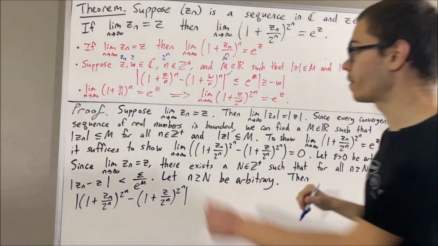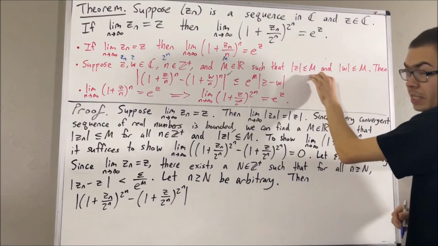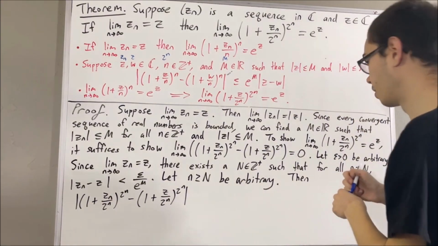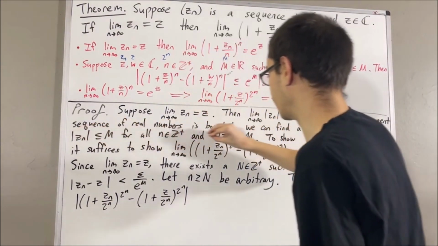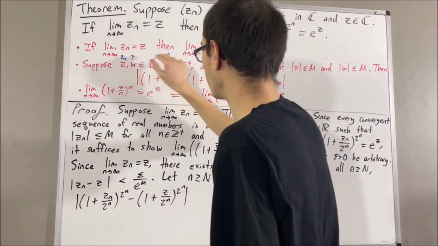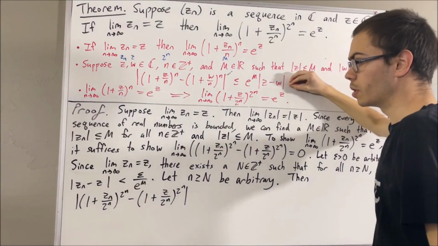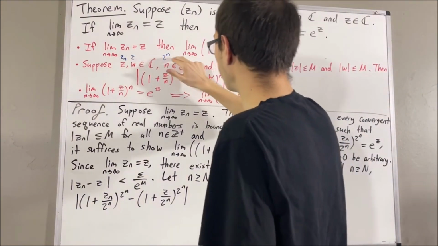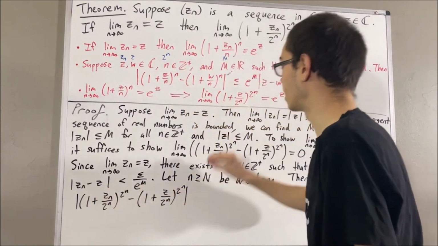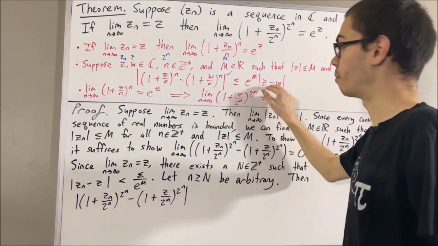And with our choice of Z and W, we know that the absolute value of Z is less than or equal to capital M and the absolute value of W is less than or equal to capital M. That's precisely what this third line is saying. Right? So, with these four choices, we have that this inequality is true. But notice, with these four choices, the left-hand side of this inequality is precisely this. And it's less than or equal to e to the capital M times the absolute value of Zn minus Z.